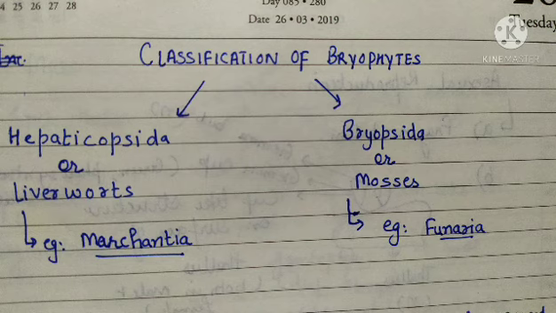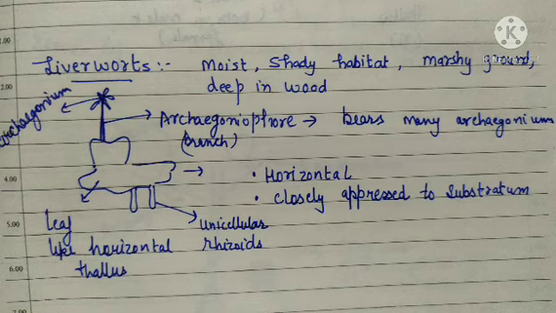Hepaticopsida is also referred to as liverwort, and here you will learn the example of Marchantia, and in Bryopsida or mosses you have to learn the example of Funaria. So two classes of bryophytes in your syllabus are Hepaticopsida and Bryopsida.